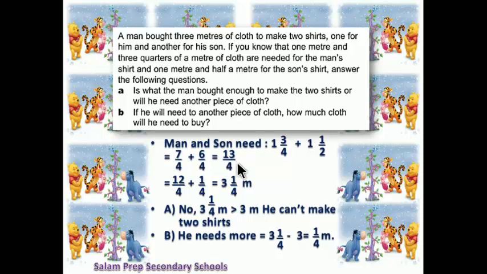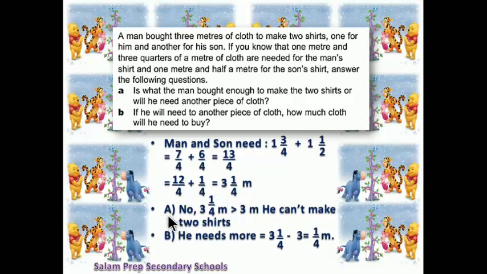We can convert it to a mixed number. 13/4. 13 is not divisible by 4, so we can use 12/4. 12 is divisible by 4. 13/4 equal 12/4 plus 1/4 equal 12 over 4. 12 divided by 4 equals 3. Plus a quarter equal 3¼ meters.